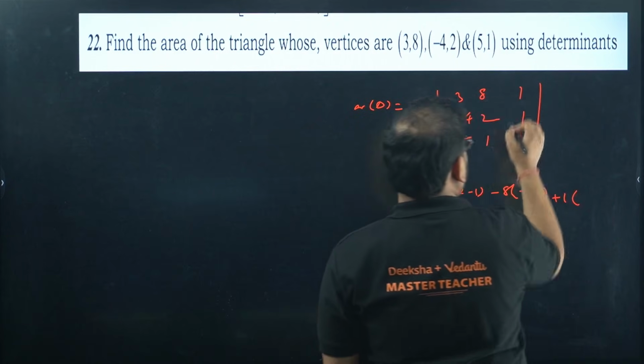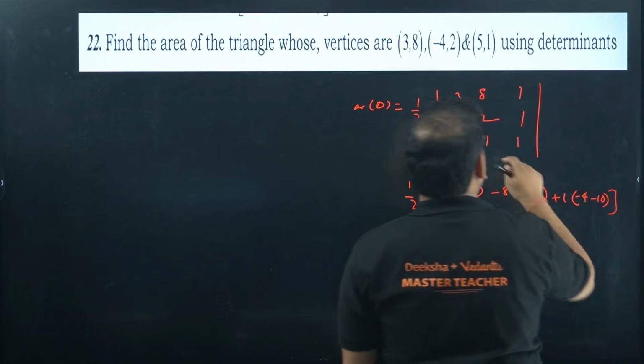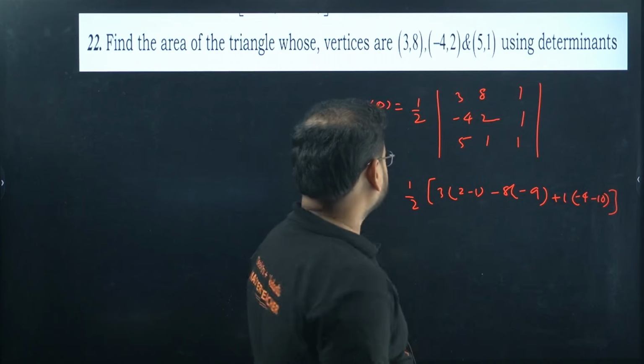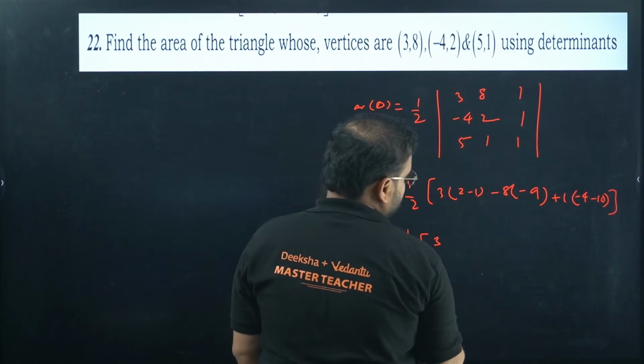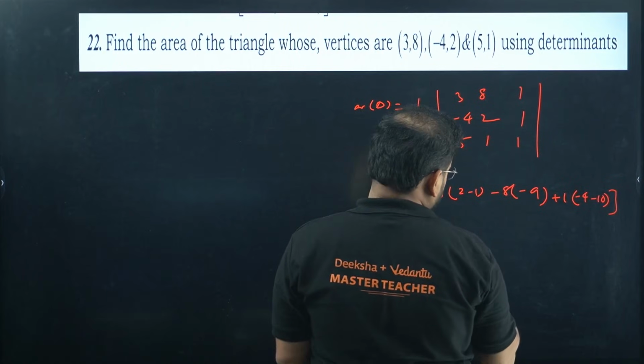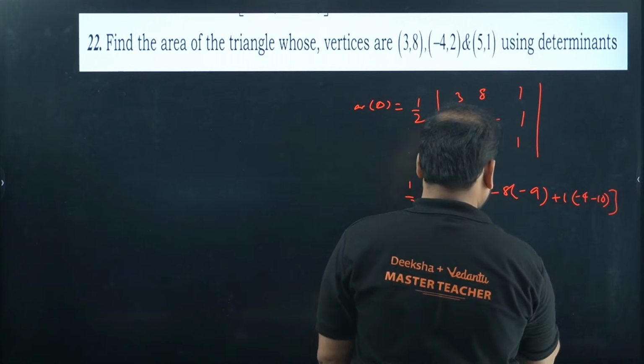With plus 1 I have minus 4 and minus 10. So we have 1 by 2, 3 into 1, so this is simply 3. 9 into 72, right? And over here I have minus 14, I guess.